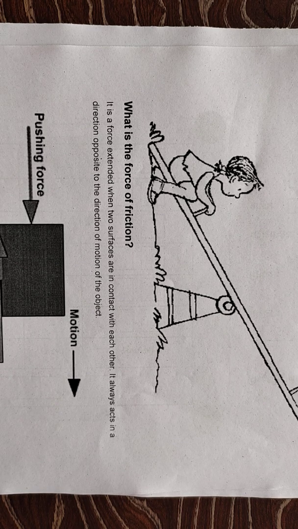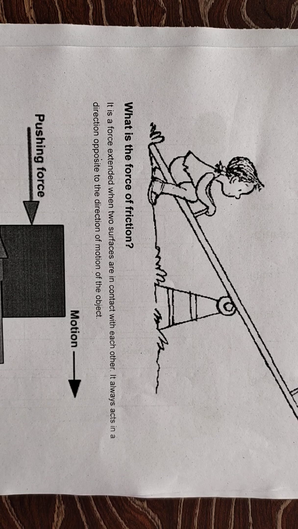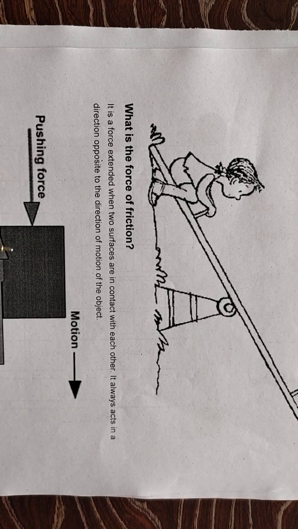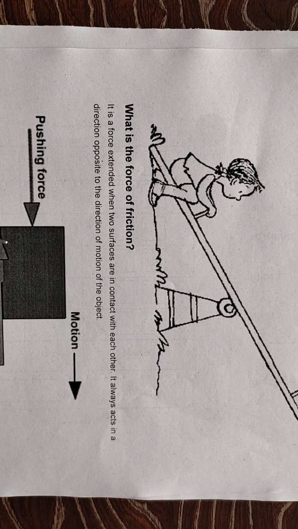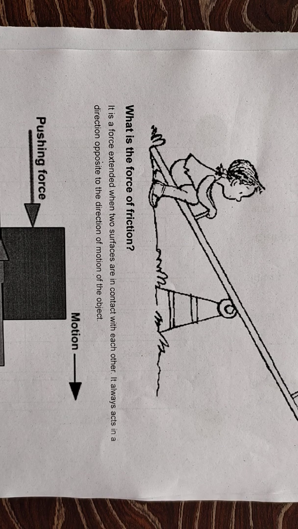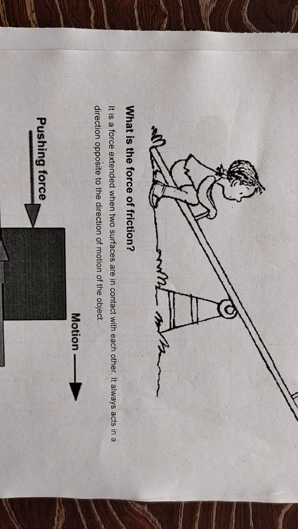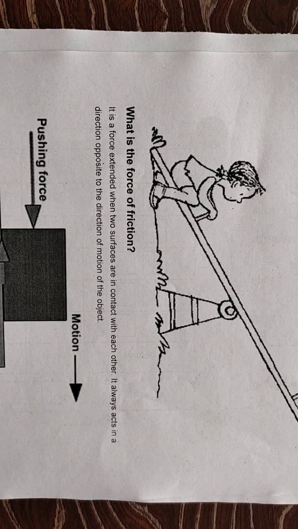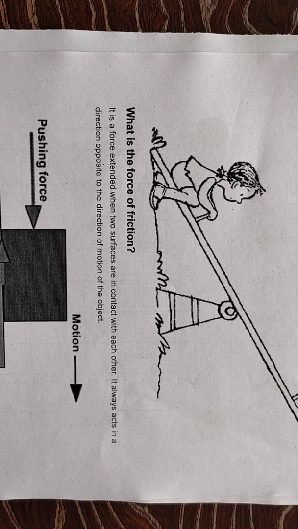Suppose you are riding your bicycle against the wind, then what happens? You will feel that you have to pedal hard to drive your bicycle, right? Because the air will apply friction, right? And in exactly the same way, suppose you ride your bicycle to school.